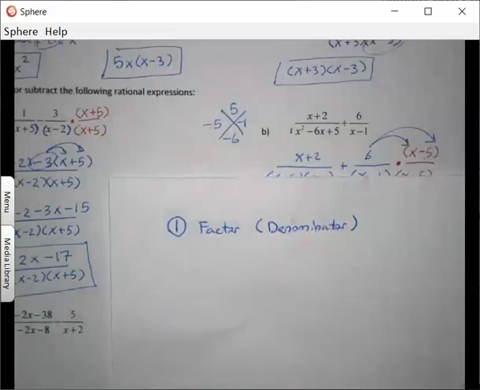Right? Because we need to find a common denominator. We need to know what the factors of the denominator are. So there's no need to factor a numerator, even if it looks like it can. Just don't worry about it.